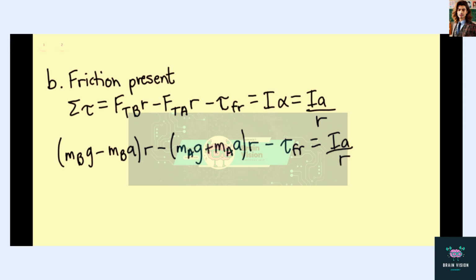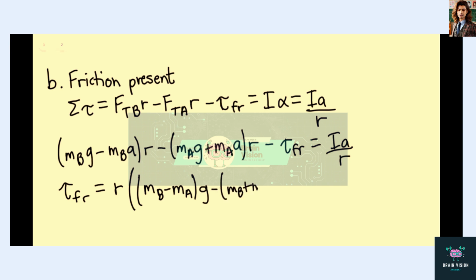And so we can say that then the frictional torque would then be equal to R times m sub B minus m sub A times G minus m sub B plus m sub A plus I over R squared times the tangential acceleration A, close parentheses.